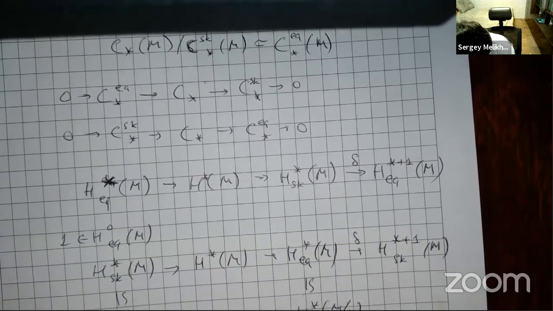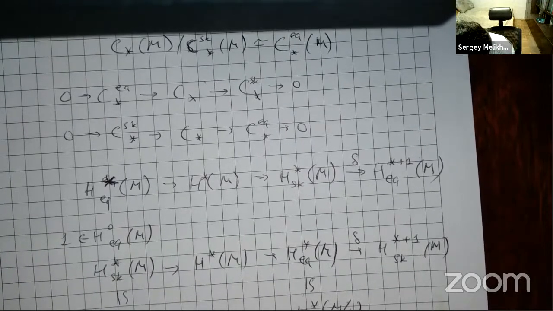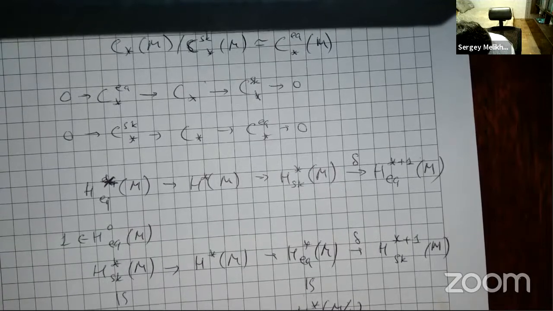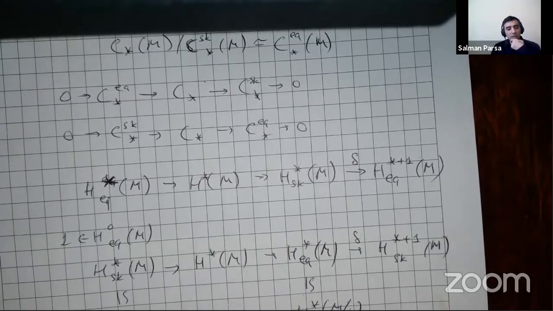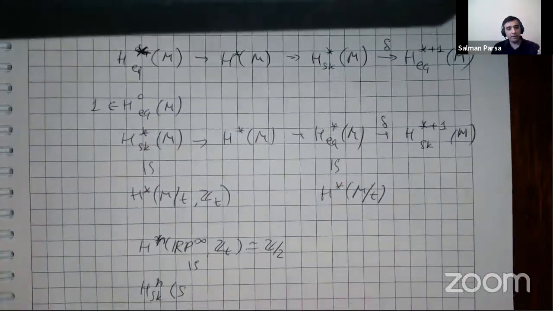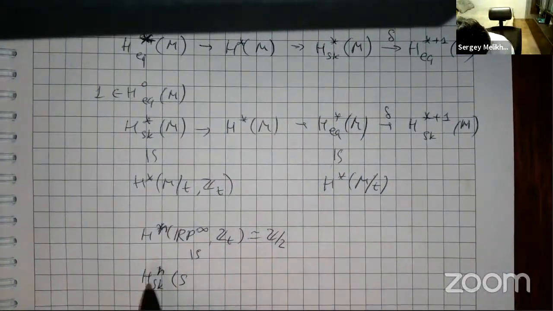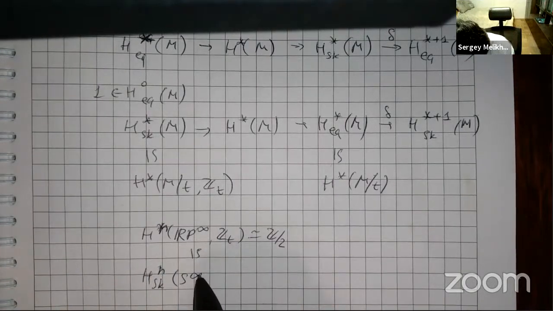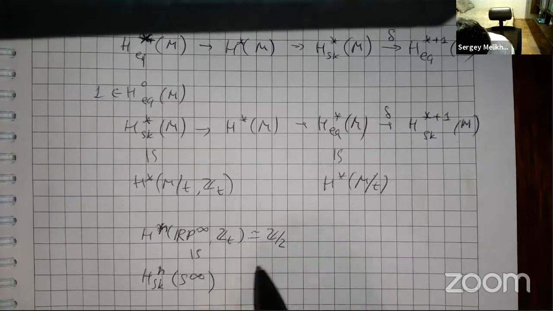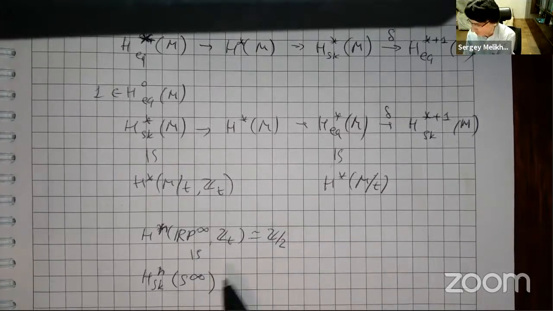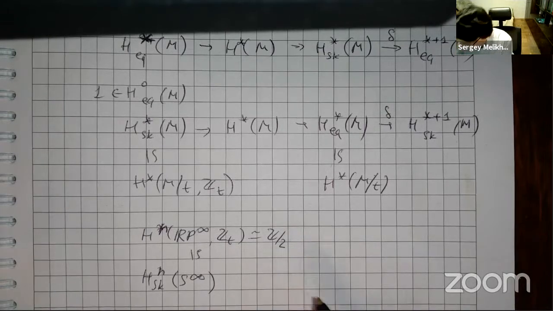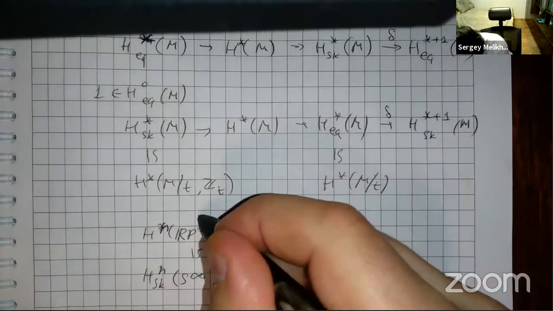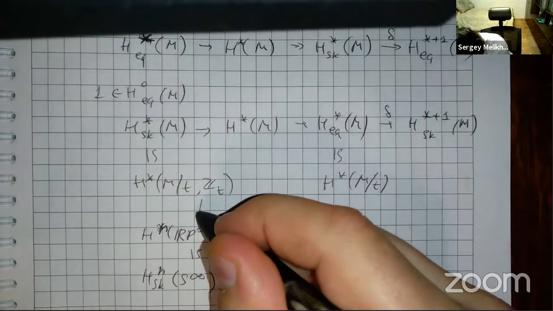In other words, the equivariant cohomology of S infinity is also Z2 in all dimensions. And so we can just take the pullback.